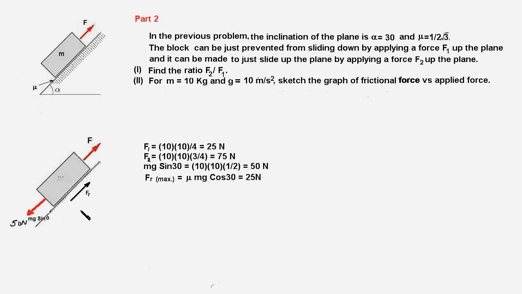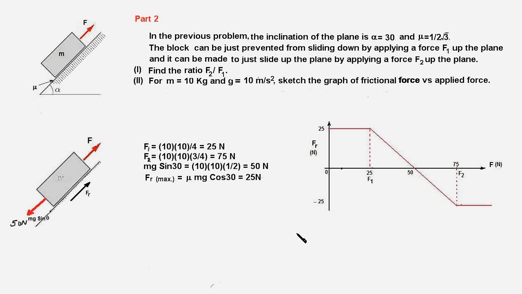The frictional force maximum value is mu times mg cos 30, and that works out to 25 newtons. Now this is the maximum value, and the frictional force may vary from 0 to this maximum value depending on the value of the applied force.